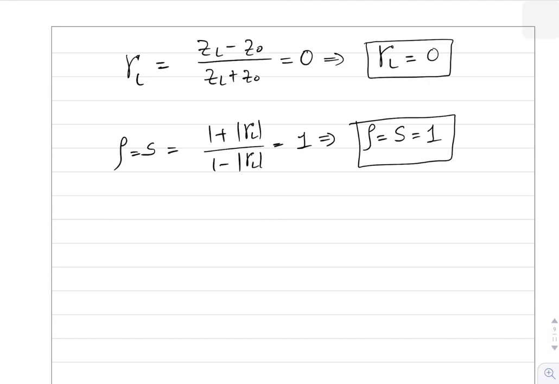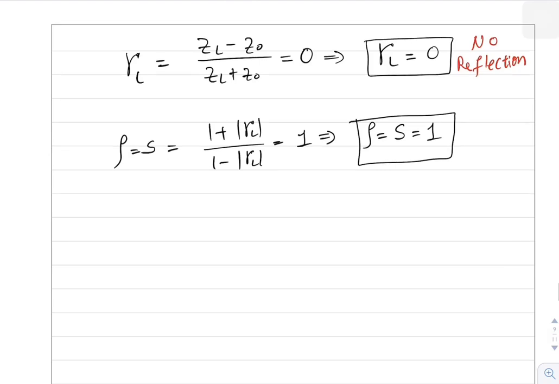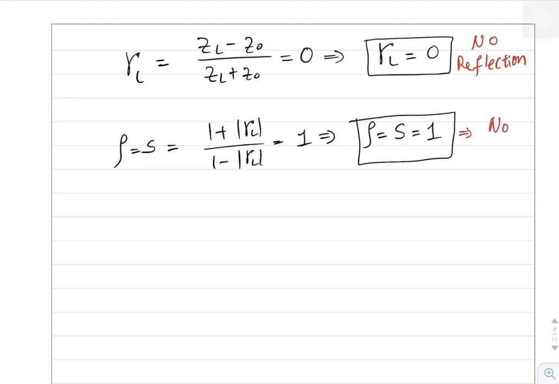If gamma L equal to 0, I can say there is no reflection of wave, or else if voltage standing wave ratio is equal to 1, I can say there is no standing wave here. That means the wave only travels in forward direction, or else the reflected power is 0.